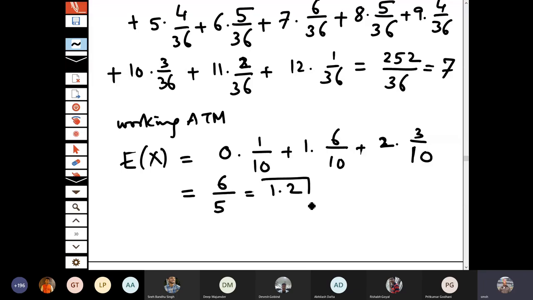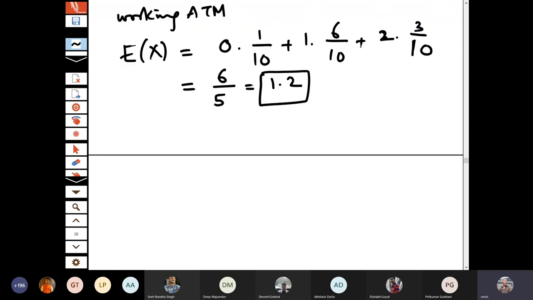What does it mean? Do you mean that you can have 1.2 working ATMs? Of course not. You can have either 0 or 1 or 2. It is giving you a measure of where the central value is lying, because you look at this, at 0 you had 1 by 10, at 1 you had 6 by 10, and at 2 you had 3 by 10. Okay, this was the way the distribution was defined.